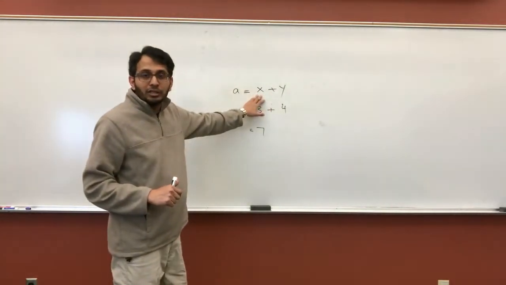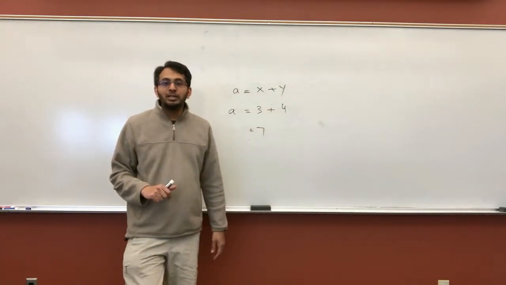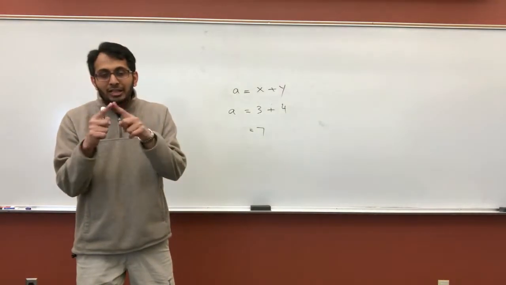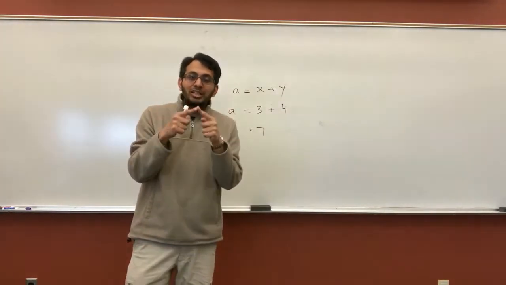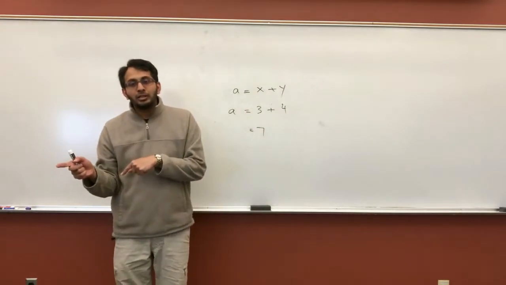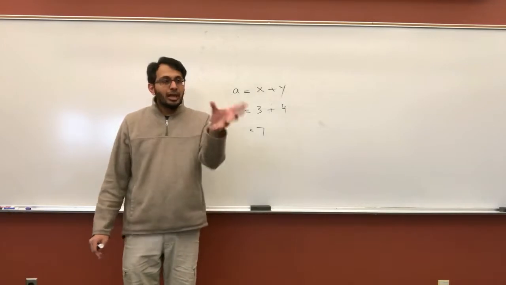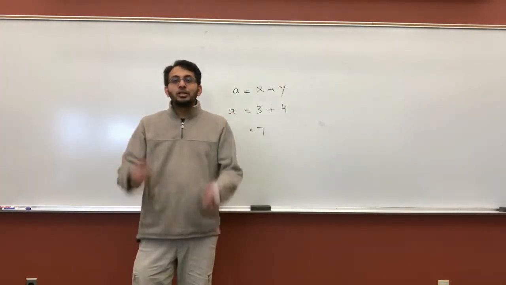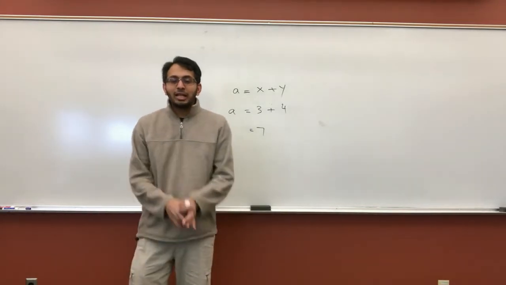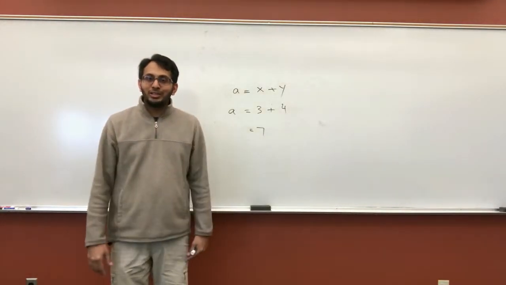Once algebra creates an equation like this, a equals x plus y, what does that mean? That means two quantities can add to give you a third quantity. Now that idea could apply to billions of applications. You can add a subtotal with the sales tax to give you the total. You can add a commission to the salary to give you the total salary.